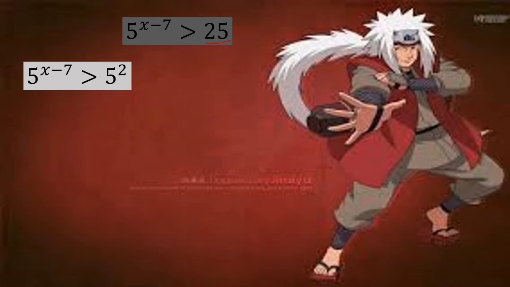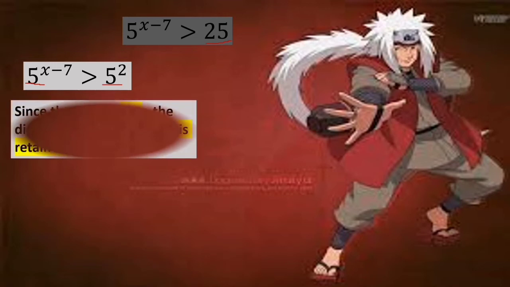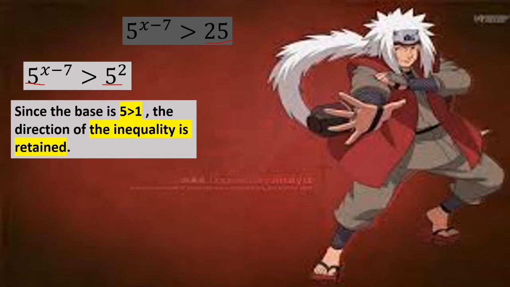So, kung makikita nyo class, parehas na yung base natin. Kung parehas na yung base natin, ibig sabihin, pwede na nating isolve yung inequality natin. Pero tandaan, since the base 5 is greater than 1, the direction of the inequality is retained. So, itong direction nito, i-retain natin. Greater than pa rin siya.